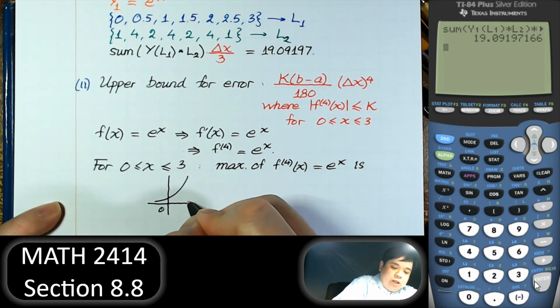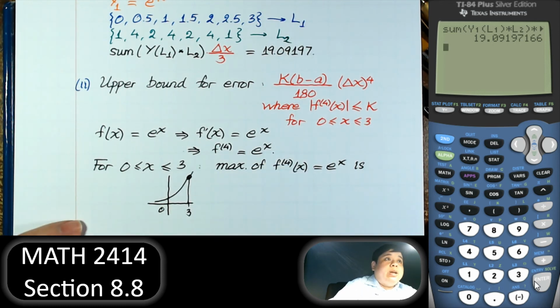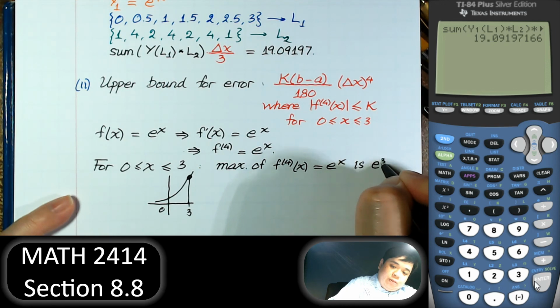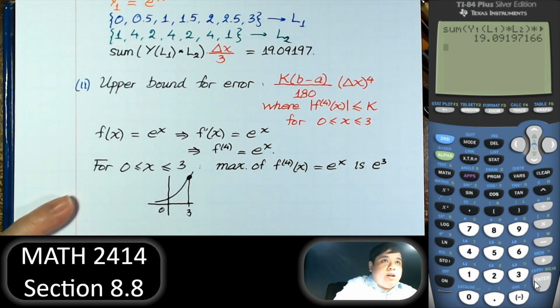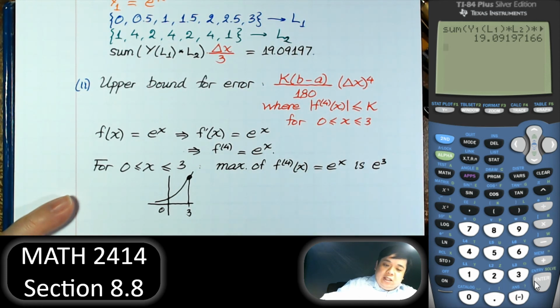So from 0 to 3, the maximum will be at the endpoint of 3. So we say the maximum of that function is e cubed. The right endpoint is the biggest one out of all of this. So in that case, we're going to let K be that biggest value.